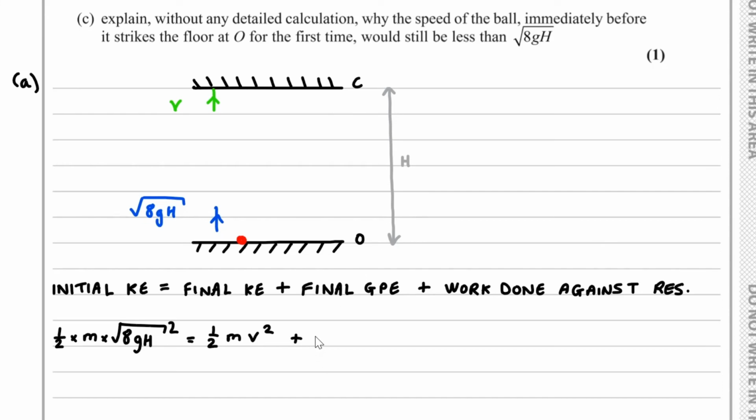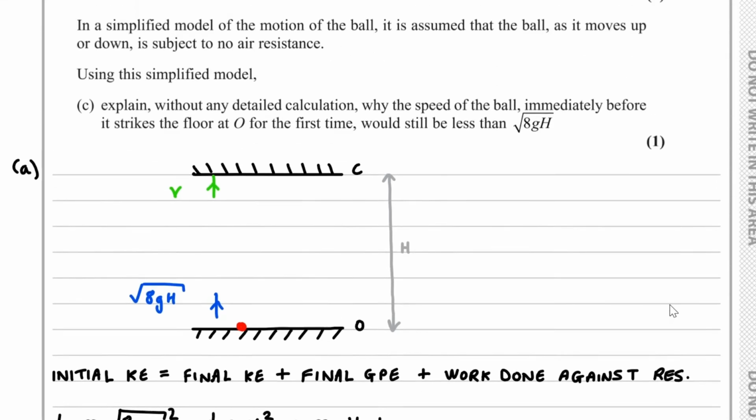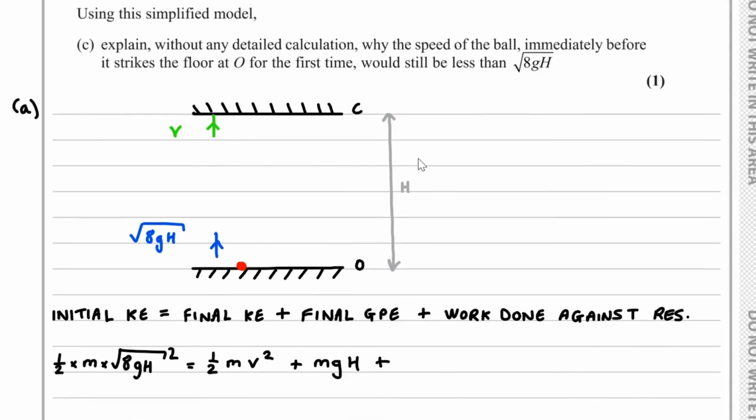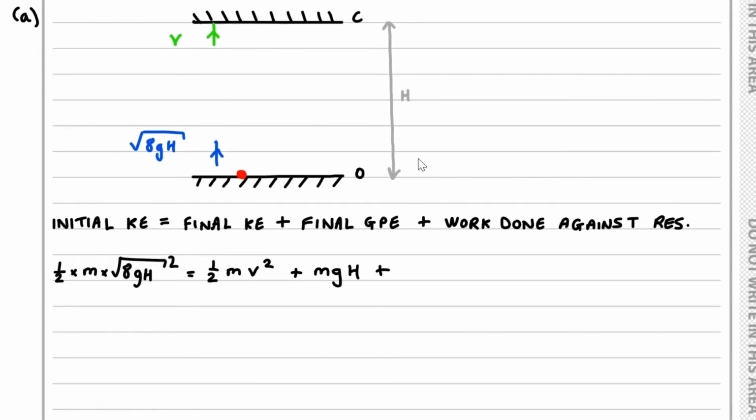So we've got the mass times the gravity times the height h, and then we add on the work done against resistances. Now we know that the resistive force is 1/2 mg, and the work done is given by the force times the distance. So therefore we've got 1/2 times mg times h.